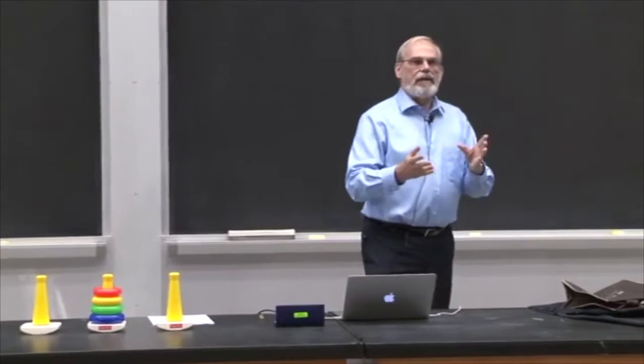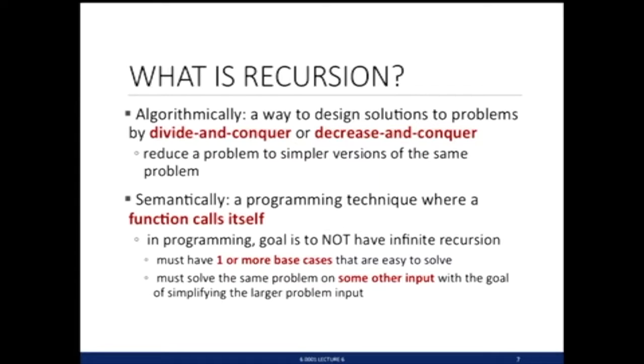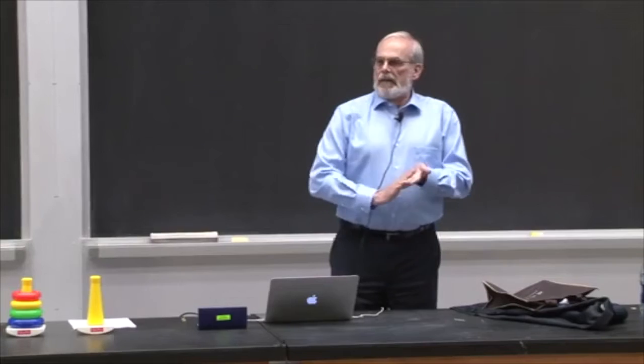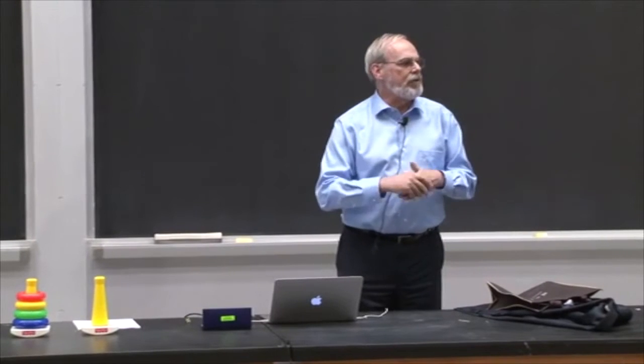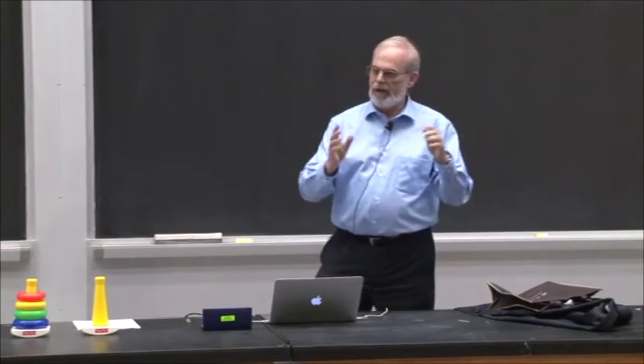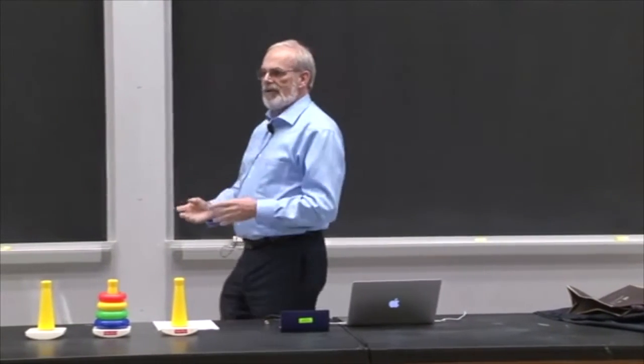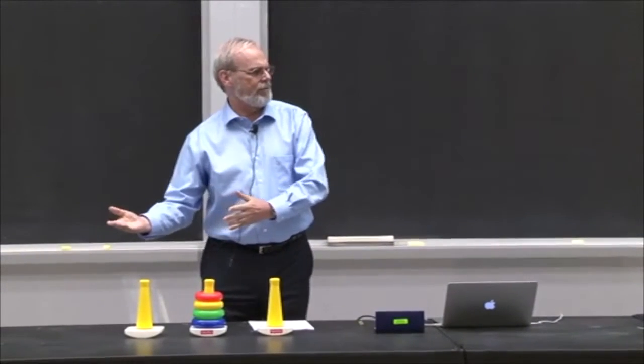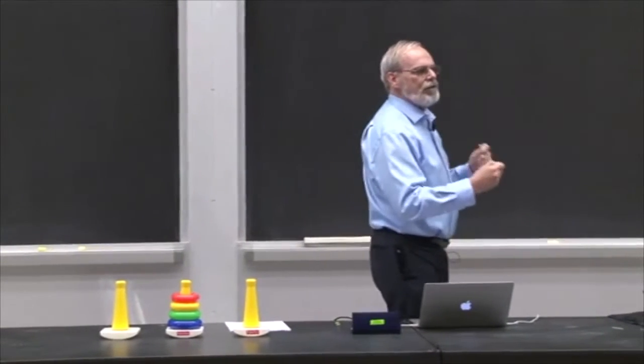So semantically, this is typically going to lead to the case where a program, a definition, a function, will refer to itself in its body. It will call itself inside its body. Now, if you remember your high school geometry teacher, she probably would wrap your knuckles, which you're not allowed to do, because in things like geometry, you can't define something in terms of itself, right? That's not allowed. In recursion, this is okay.